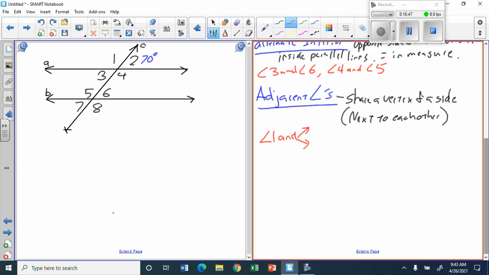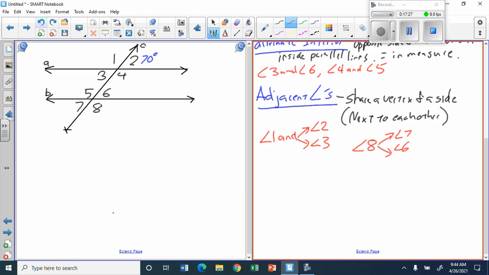What are the 2 angles adjacent to angle 1? Angle what? Yeah, because here's a vertex. Angle 1 shares this side with 2 and this side with 3. So angle 1, angle 2, and angle 3 are adjacent angles. So we'll just do one more. We'll say angle 8. What 2 angles are adjacent to angle 8? That's it. Angle 7, angle 6. So those are adjacent angles.